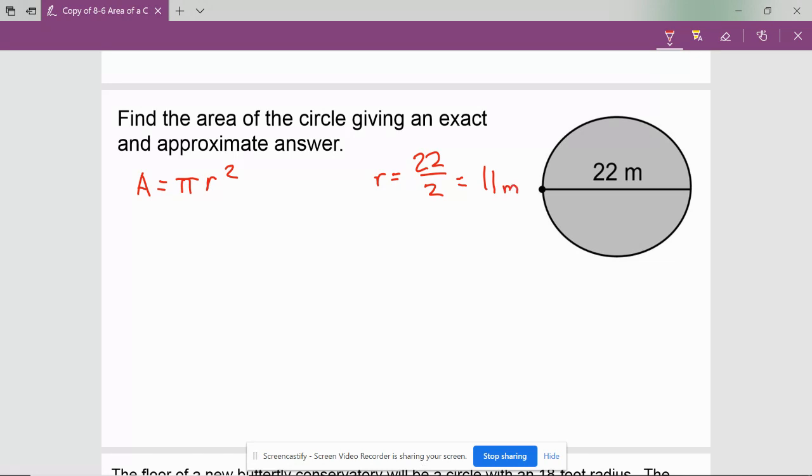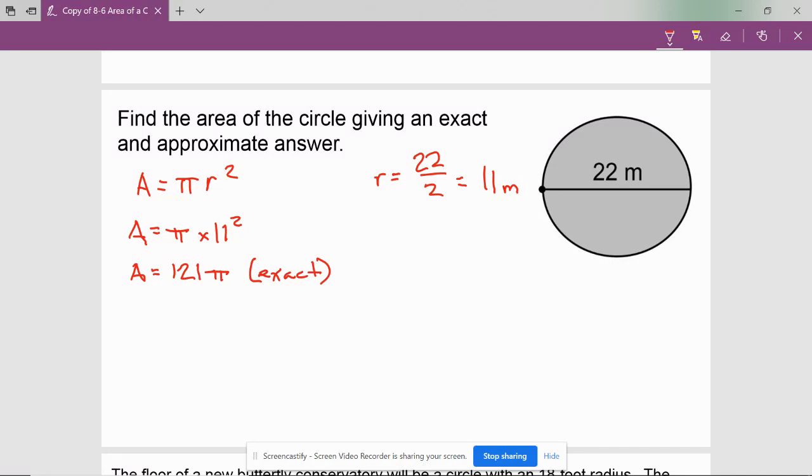When we plug that into our problem, area equals pi times 11 squared. That's 11 times 11, which is 121. So 121 pi. Remember, this is our exact number.